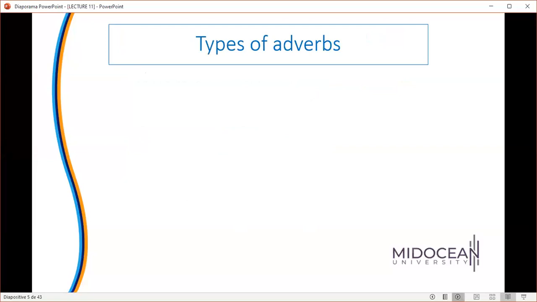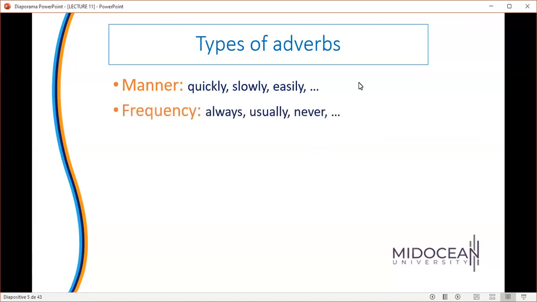Types of adverbs. You have adverbs of manner, like quickly, slowly, easily, okay, facilement, rapidement, lentement. Adverbs of frequency, you have always, toujours, okay, ou bien jamais, you have always, usually, never.